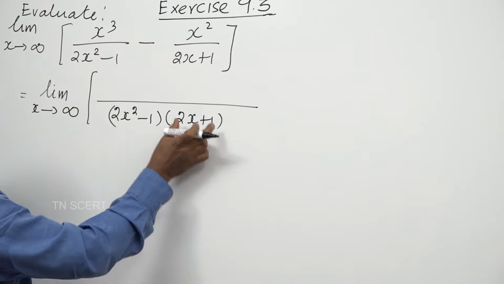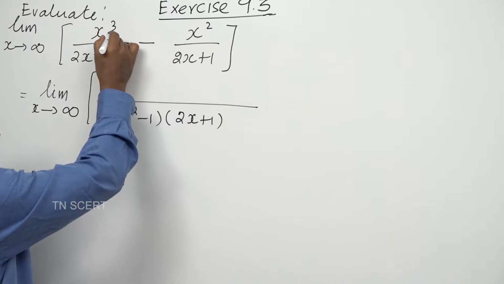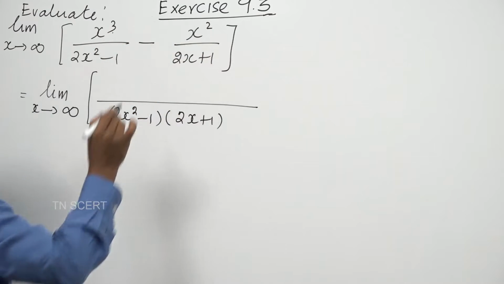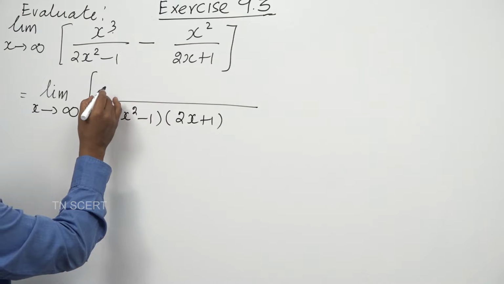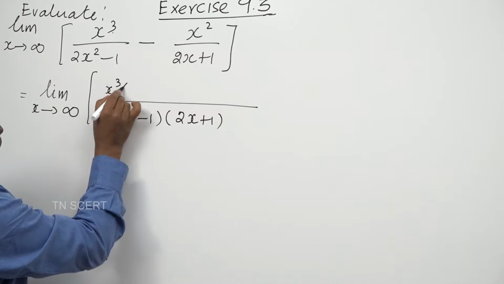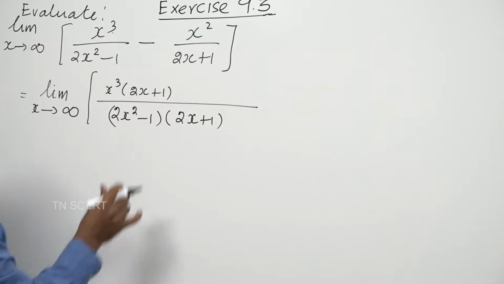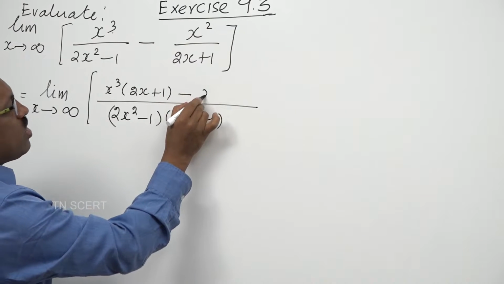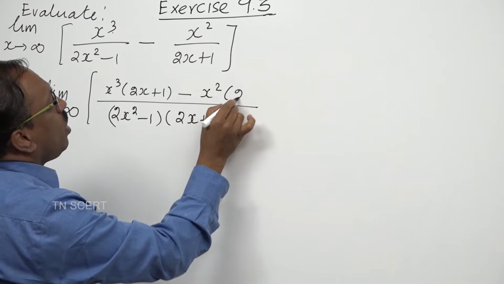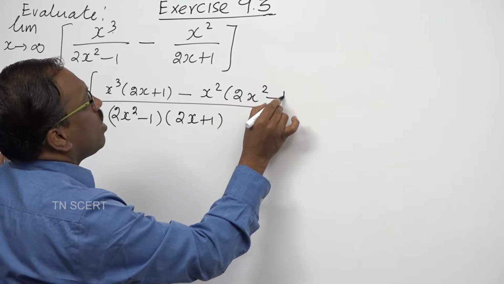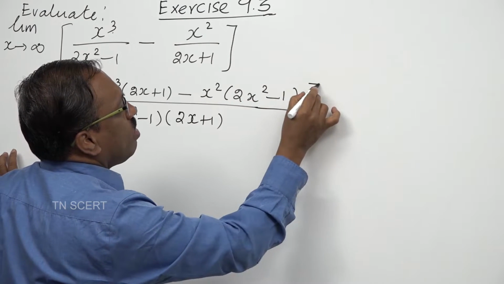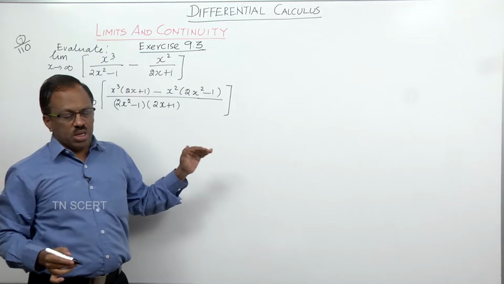We multiply each numerator accordingly, so it is x cube into 2x plus 1, minus x square into 2x square minus 1. That is the first stage.